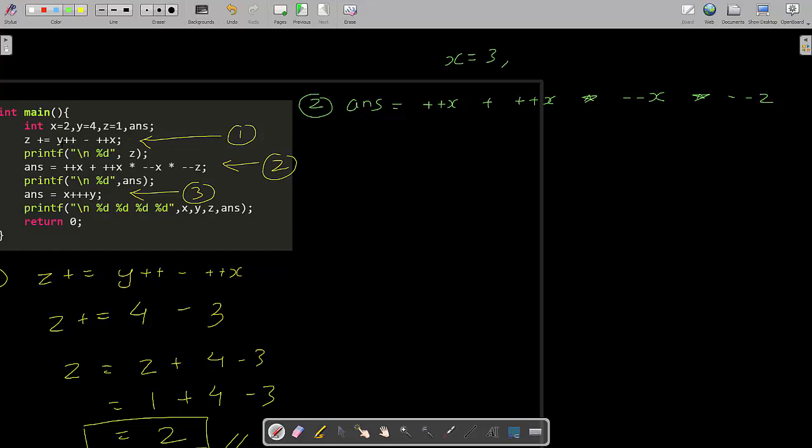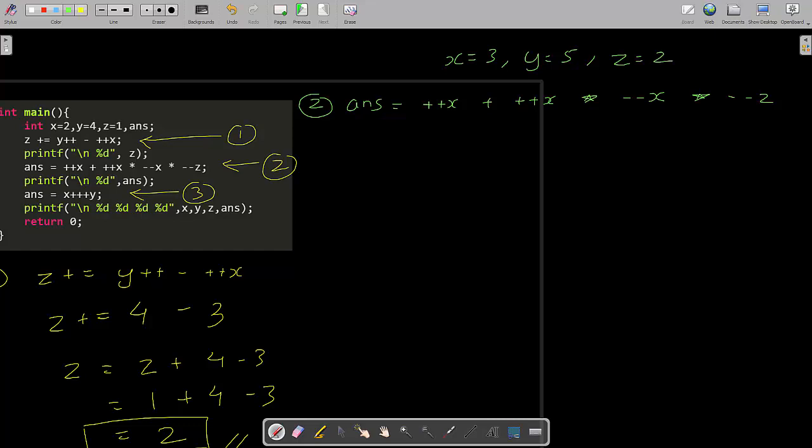Then y was a post increment, so y is 5, and z, the new value that we got was 2, so z is 2. Now we can start with this.